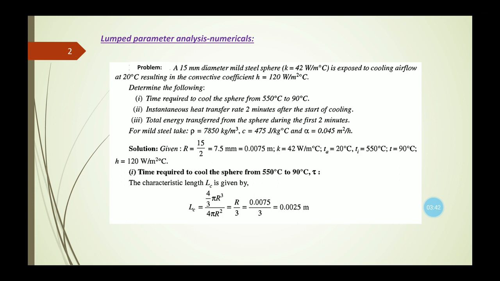So it will be 4 by 3 pi r cube divided by 4 pi r square. So ultimately we are getting r by 3. The value of this r is given, that is 7.5 millimeter, that is 0.0075 meter. So ultimately we are getting the value of the characteristic length as 0.0025 meter. In this way we have calculated the value of the characteristic length first.